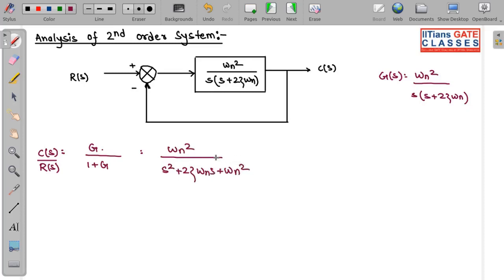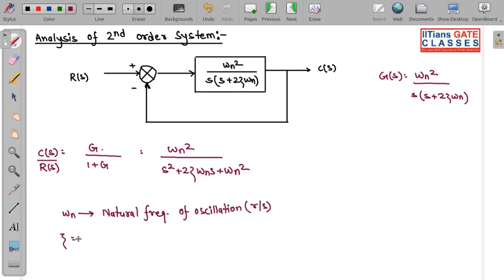This is your transfer function, which I have solved directly, where omega n is the natural frequency of oscillation, in radian per second.